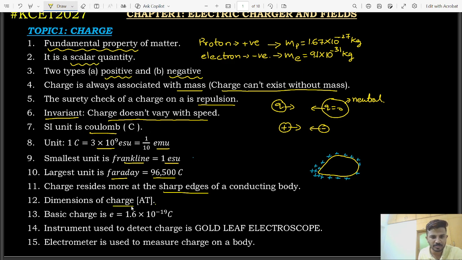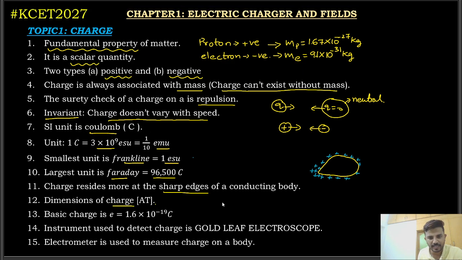Then we have the dimensions of charge, that is AT, because charge is given by current into time. For current, the dimension is A, for time it is T, that's why AT is the dimension of charge. Then e is the basic charge, that is 1.6 into 10 to the power minus 19 coulomb. The instrument used to detect charge on a body is the gold leaf electroscope.